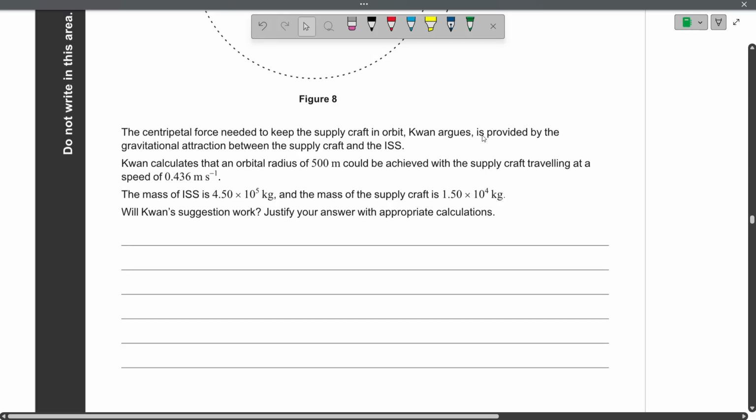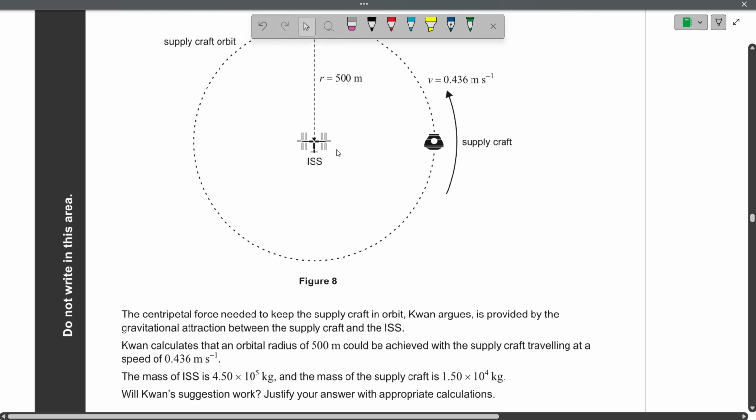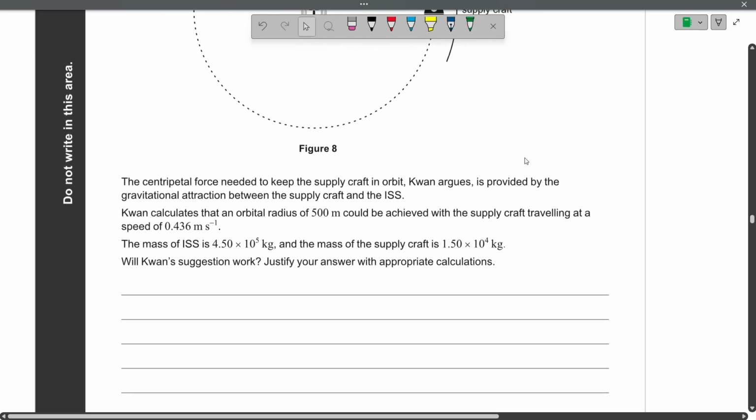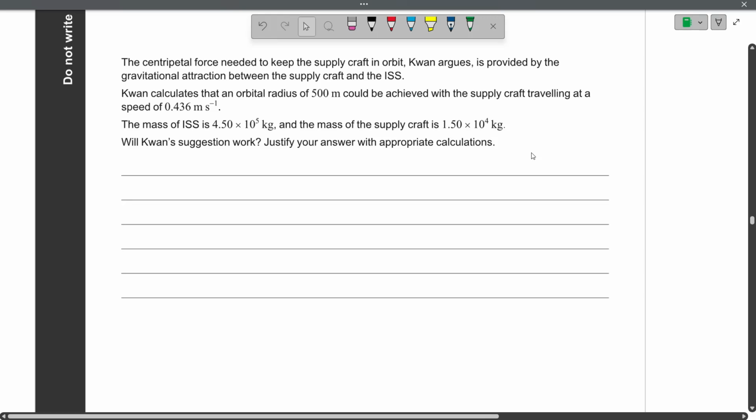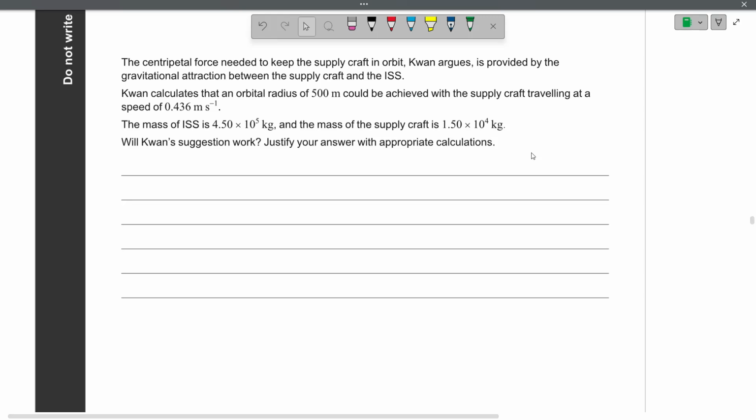And then from that, we could then say, okay, is that force enough to keep it in this orbit with this particular speed? Okay, so there's going to be two parts to this question. So first part, we're going to see what is the gravitational attraction on that supply craft due to the ISS.